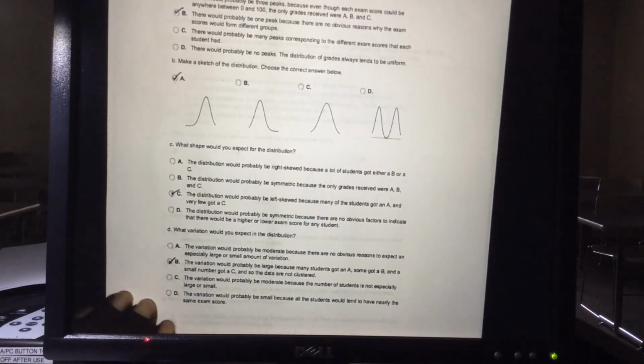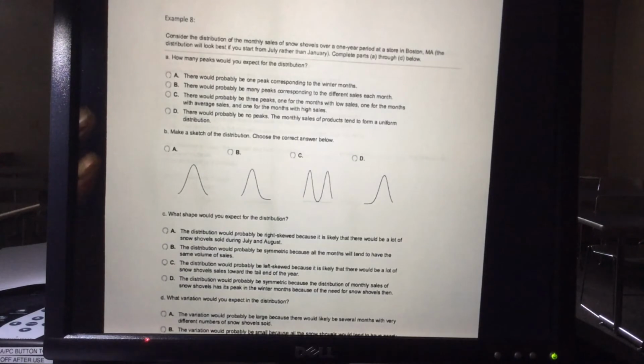Okay, let's look at another example of something like this. Consider the distribution of the monthly sales of snow shovels over a one-year period at a store in Boston, Massachusetts. The distribution would look best if you start from July rather than January.